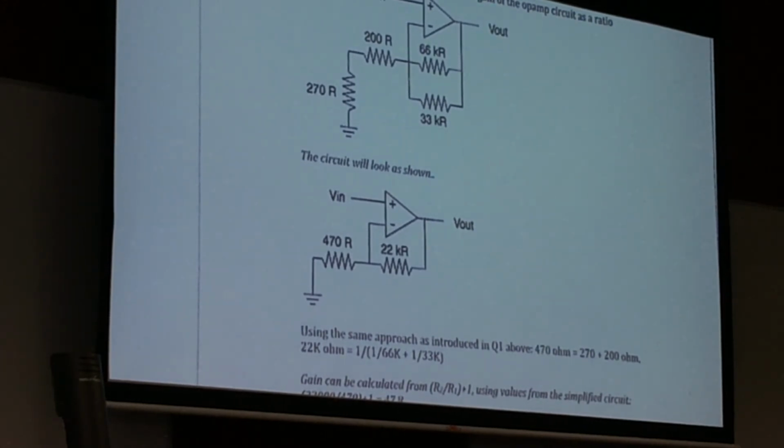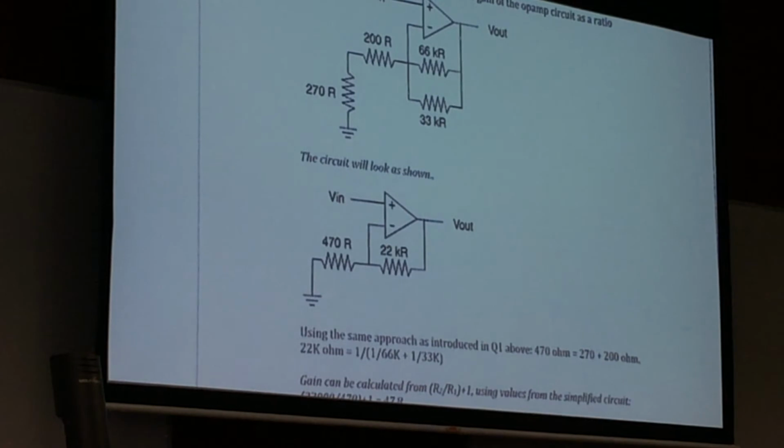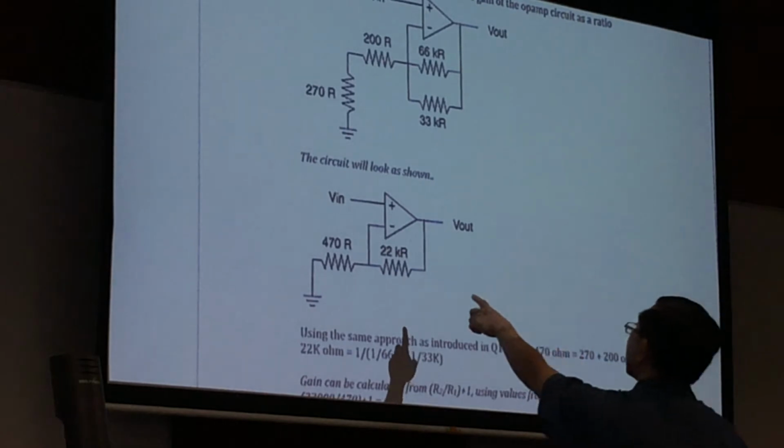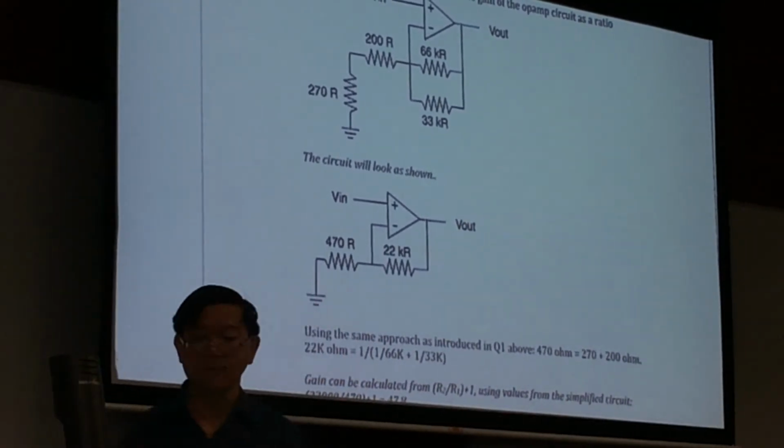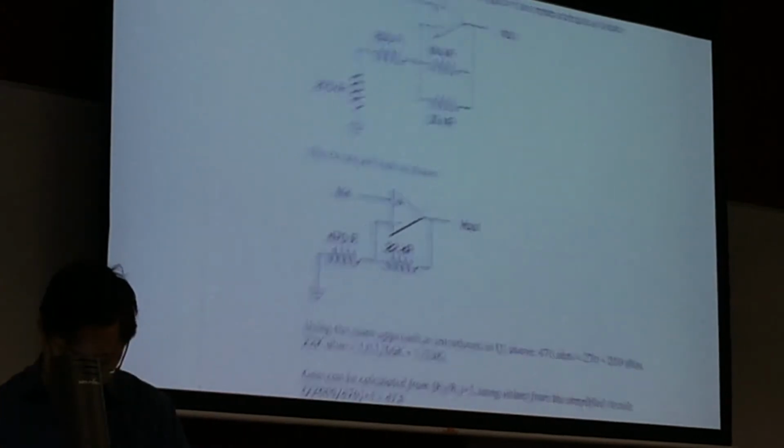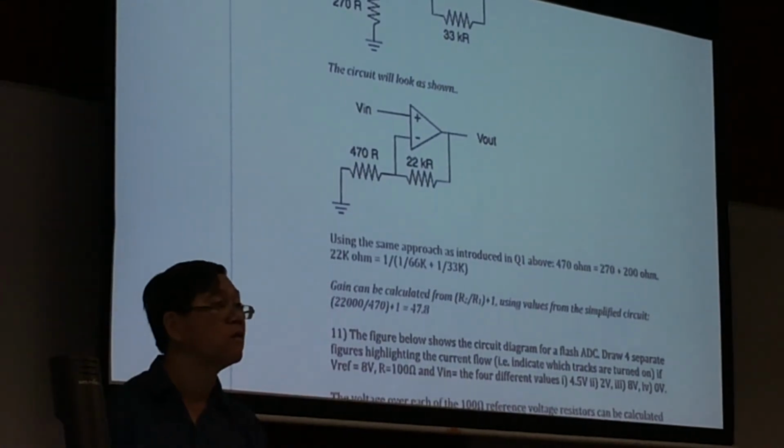Input is at the non-inverting terminal, so it is a non-inverting amplifier. Is that clear? Feedback is negative, so it is an amplifier. Got it? So once you get that, simplify, and then this is the formula to get your gain. That's it. I would not want to touch too much on that, unless you have any question.